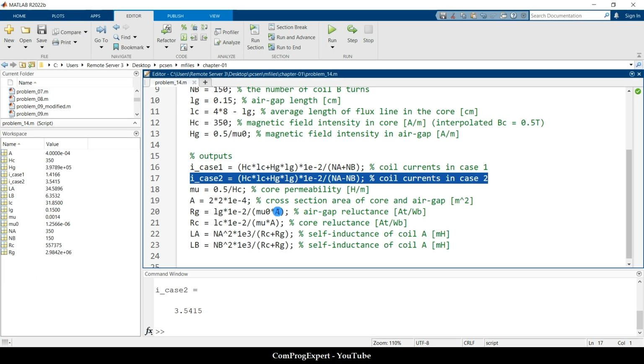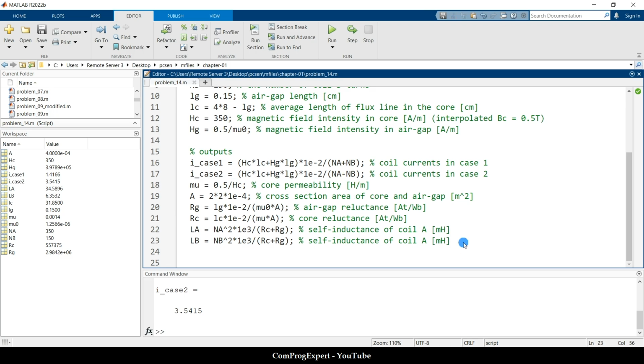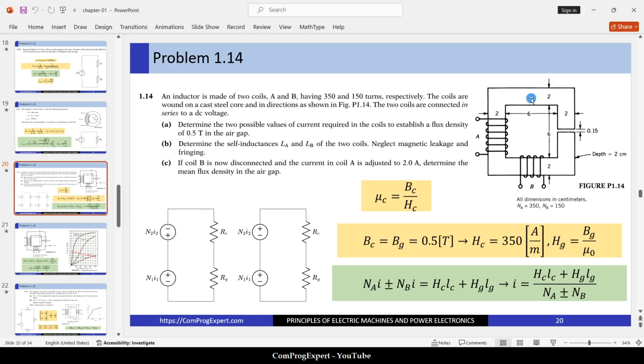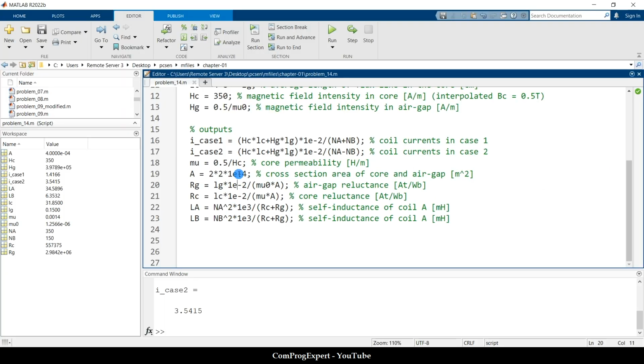So here in MATLAB, I calculated the magnetic permeability of the core. The B core is 0.5 Tesla, and the H core we interpolated from the graph. This is the cross-section area of the core, 2 times 2. 2 is the width of the limb, and the depth of the core is 2. Okay, and this is in meter square.